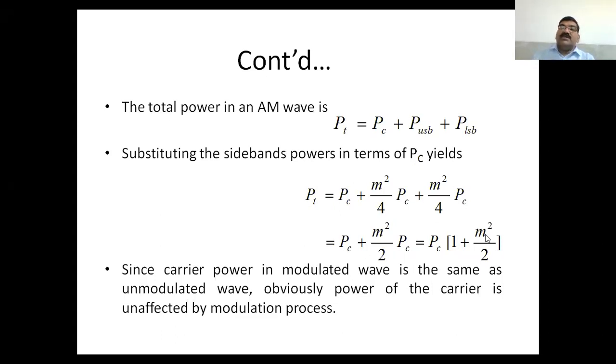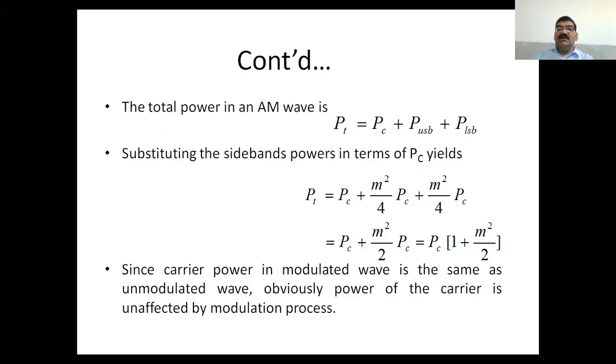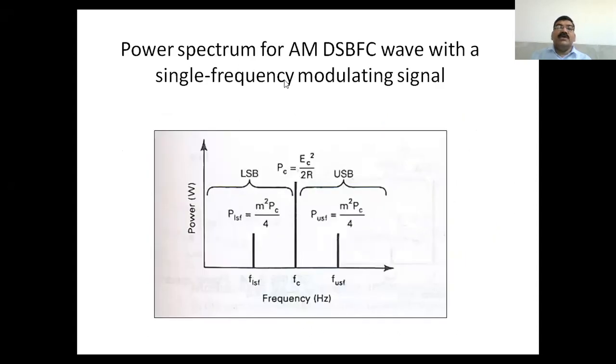If your modulation index is 1, then it is as shown. Now how does the spectrum look? We have just seen that PC is the power in the carrier, M square by 4 PC in the upper sideband, and M square by 4 PC in the lower sideband. So this we can put.